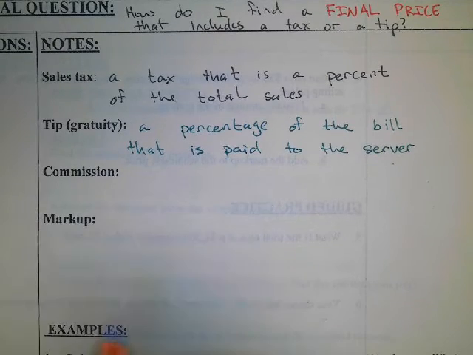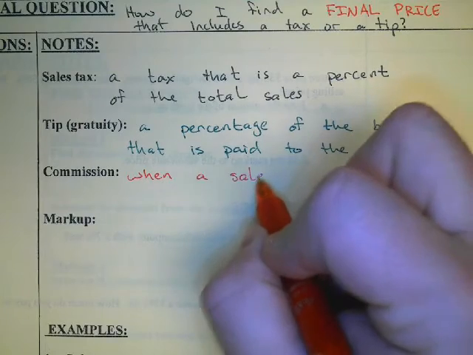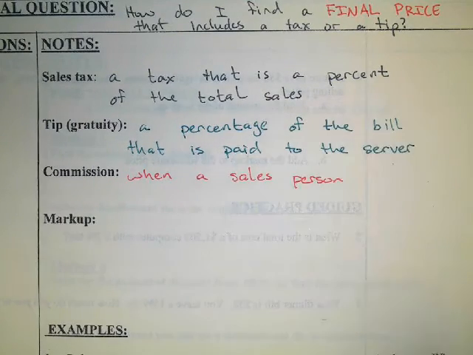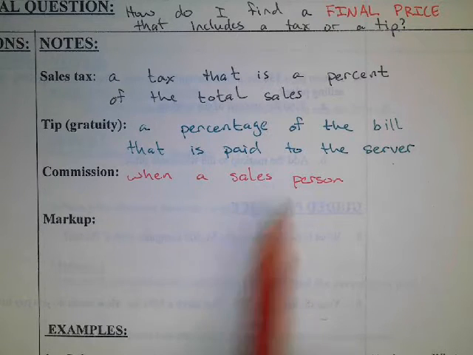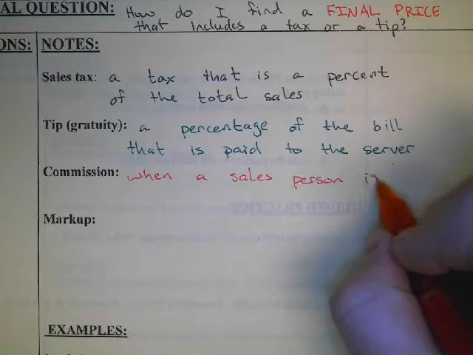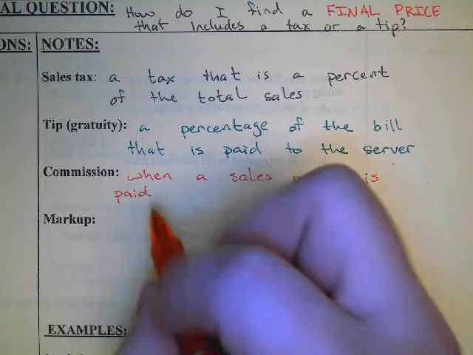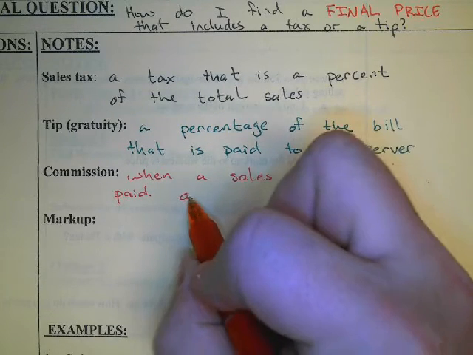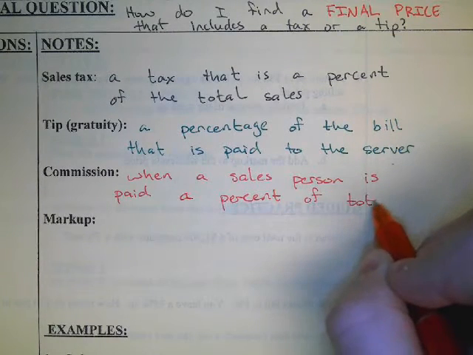Commission is when a salesperson, that could be someone who sells a car or furniture, any kind of big ticket items, and what I mean by big ticket is expensive items. So anytime you're buying something that's probably over $500 or $600, the salesperson, the person that you're working with, is paid a percent of the total sale.